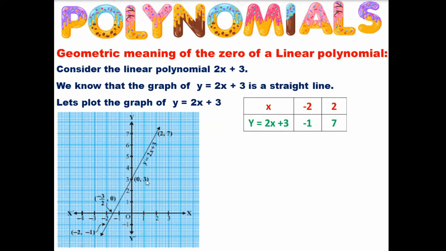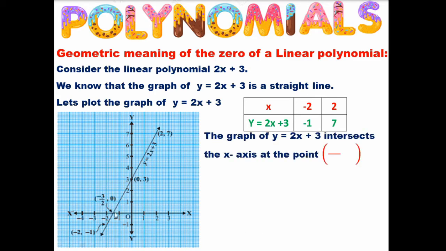And I see that this is a straight line that intersects the x-axis at one and only one point. And that point is minus 3 by 2, 0. So, the graph of y equal 2x plus 3 intersects x-axis at the point minus 3 by 2, 0. Also, I told you how to find the 0 of linear polynomial. It is minus b by a.